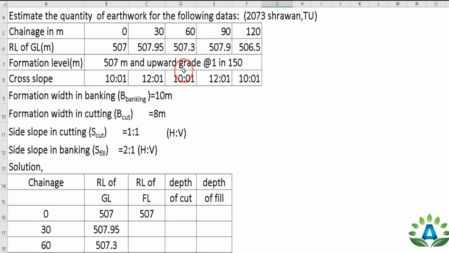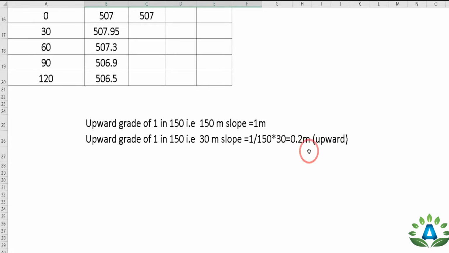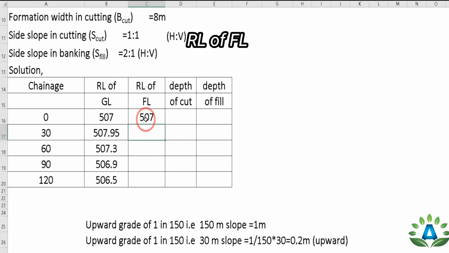Since this is an upward grade, we simply add this 0.2 to the previous RL of FL.